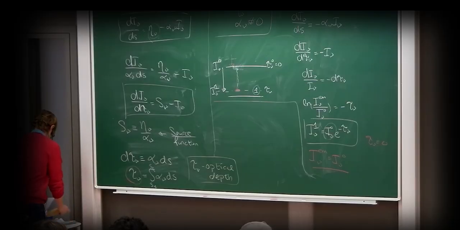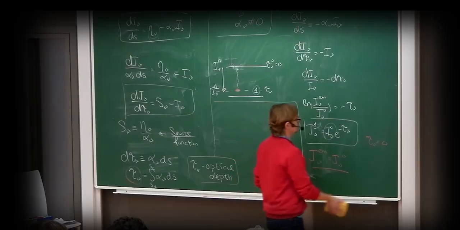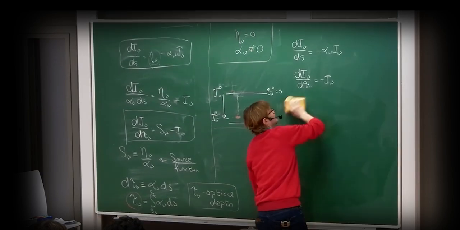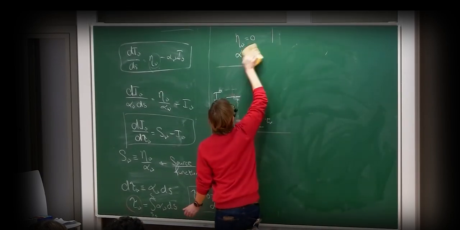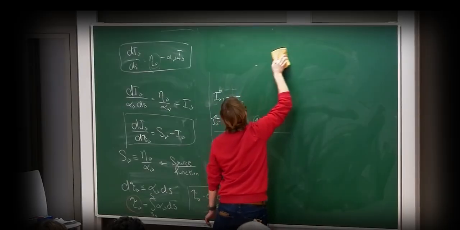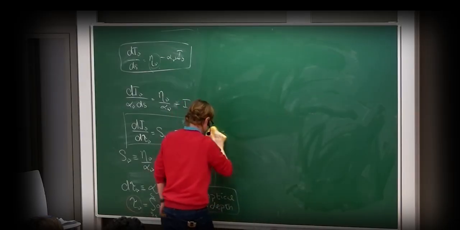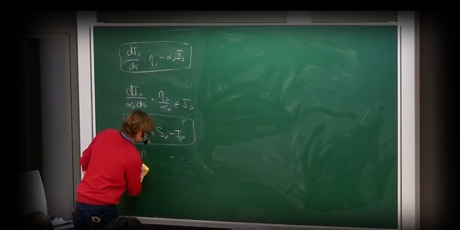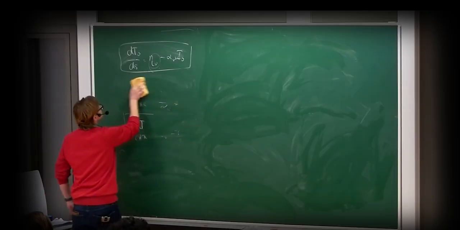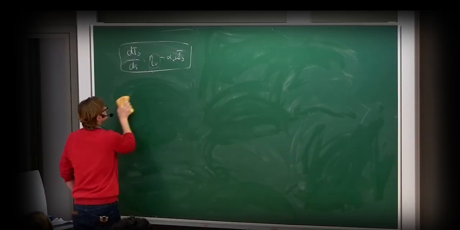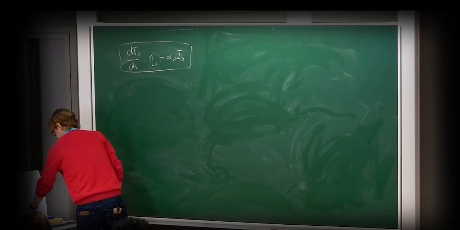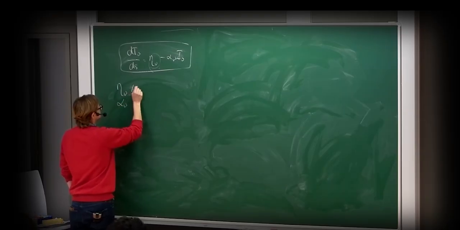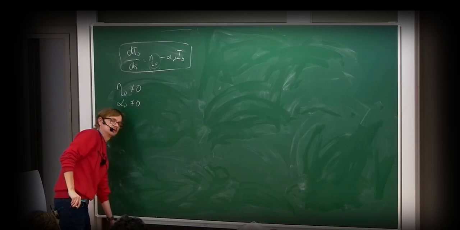Now, let's go to the general case, where neither eta nu nor alpha nu is equal to 0.